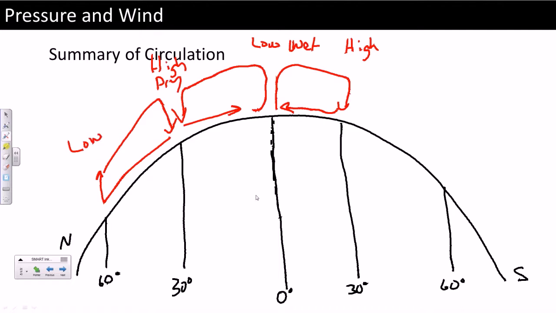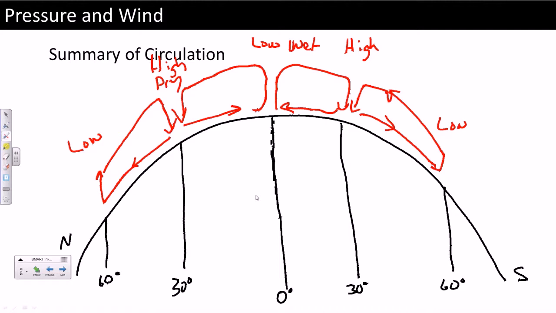So there's not a lot of moisture there, but there's going to be clouds and precipitation. And the same thing over here. High pressure, so we've got air mass moving down, and it moves back out towards the pole along the Earth's surface and back up and circulates something like that. And that's also a low pressure system.